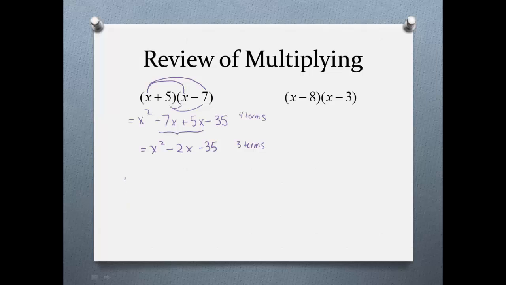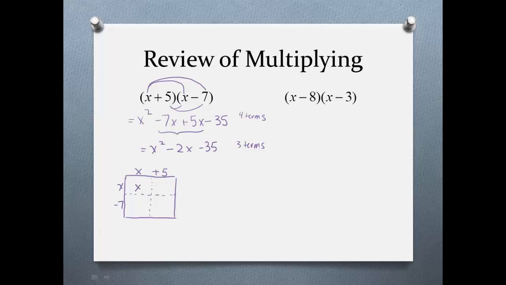And I'm not sure if you've seen this before, but the other way to multiply binomials is to use an area model with rectangles. You take each factor and you put it as either the length or the width of a rectangle. So this is x plus 5, and the other side is x minus 7. And then I think of this as multiplying to get the area on the inside.